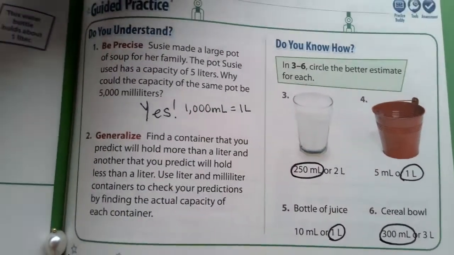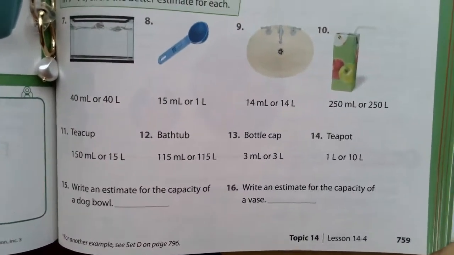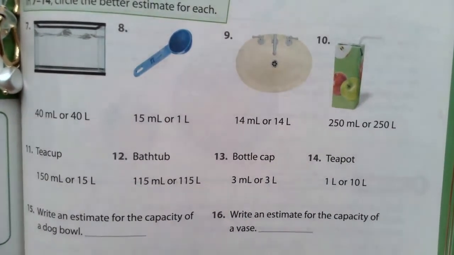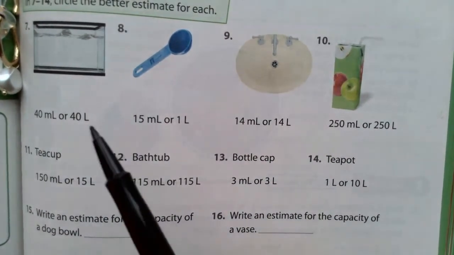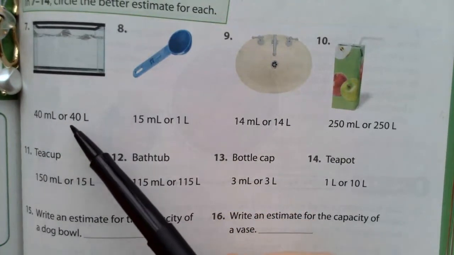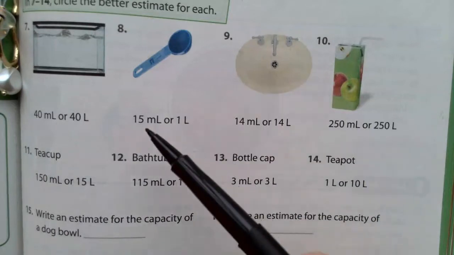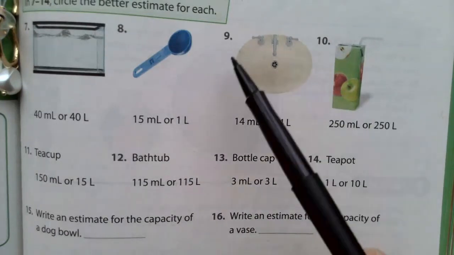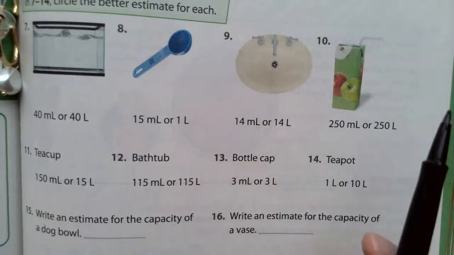Down here at the bottom, there are more for you to estimate on your own. I want you to think about what makes sense. This first one is a fish tank. Would it be milliliters or liters? This teaspoon, milliliters or liters? This sink, milliliters, liters?